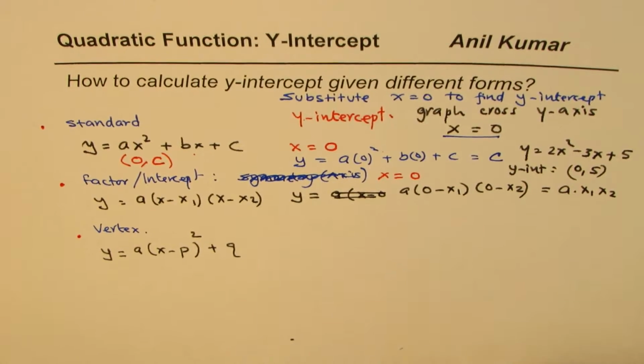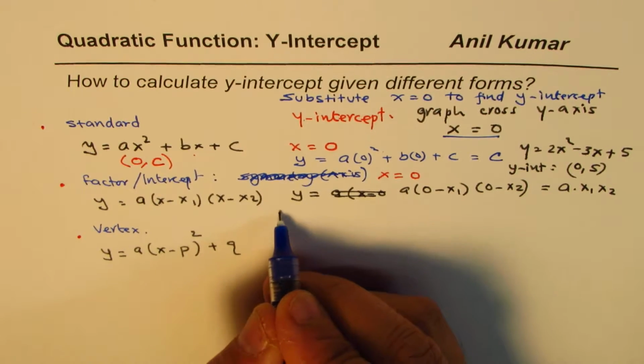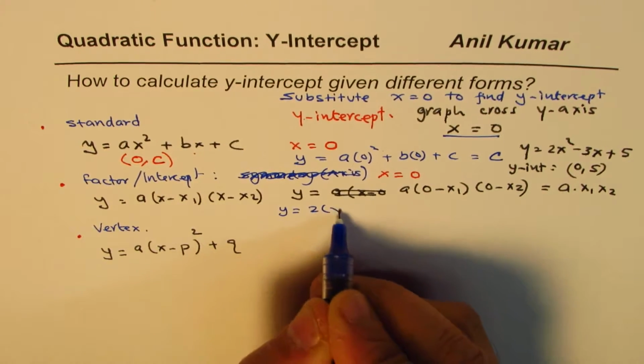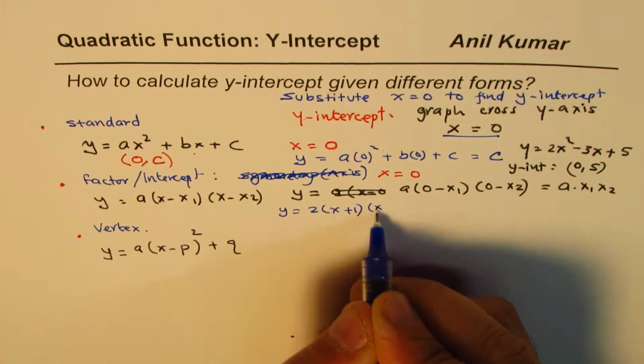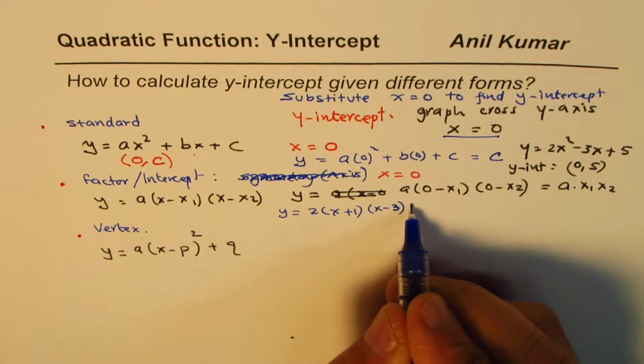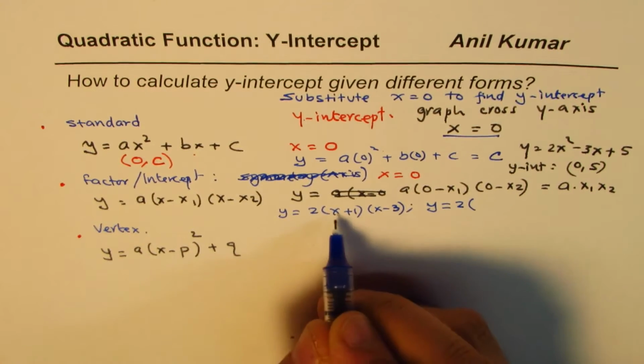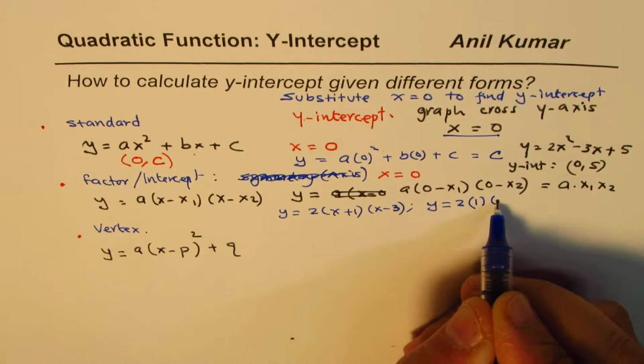That's it. For example, let me write down an equation to work on now. So let's say y equals 2 times (x plus 1) times (x minus 3). If I substitute x equals 0, then we get y equals 2 times 1 times minus 3.